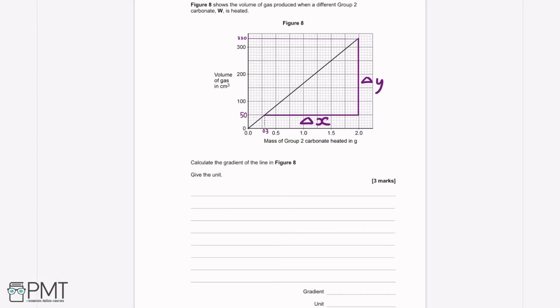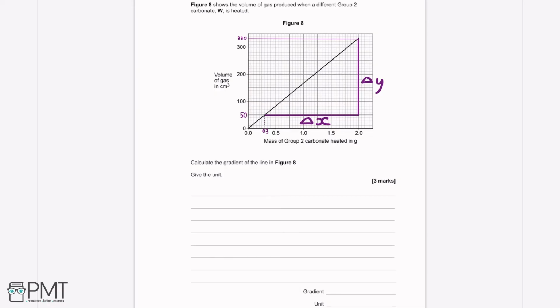Figure 8 shows the volume of gas produced when a different group 2 carbonate, W, is heated. So on figure 8, we can see the volume of gas in centimeters cubed on the y-axis. And on the x-axis, we've got the mass of group 2 carbonate heated, which is measured in grams.